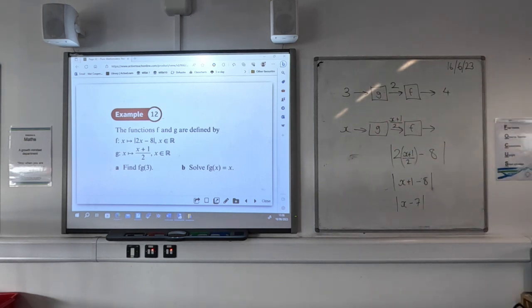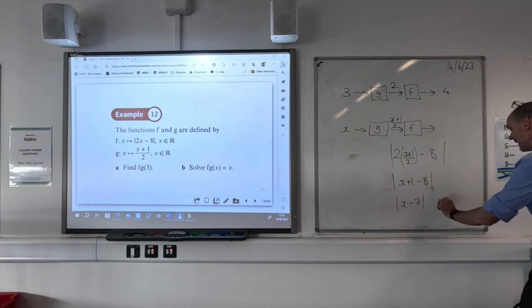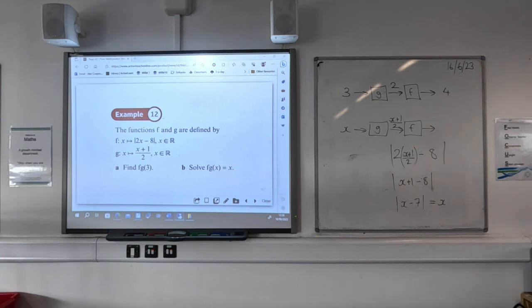Except it doesn't just say find fg of x, but it says solve fg of x equals x. And remember I said we use graphs with modulus problems to solve equations just like this. This is an example of a modulus equals algebra question.